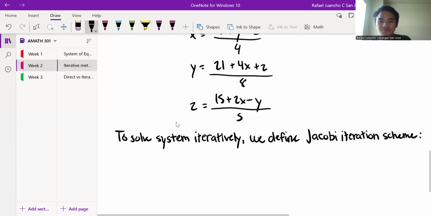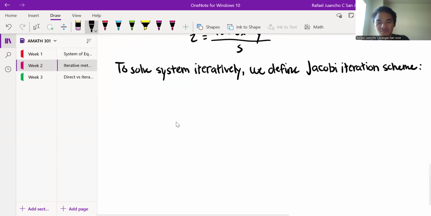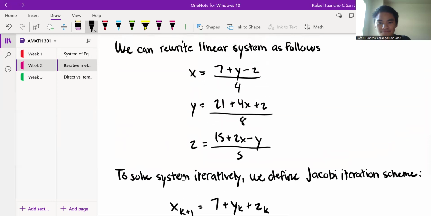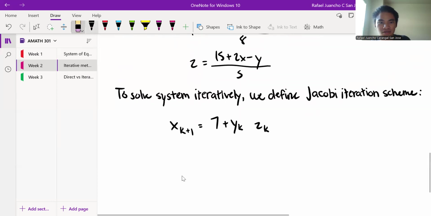So how do we do that? Well, from our previous one, my x, k plus 1, I'm just going to write it out first, is 7 plus yk, or no, not plus zk, minus zk. So here we can see that I plug in these values and I get the corresponding x after, because it's k plus 1. I get the corresponding element after.